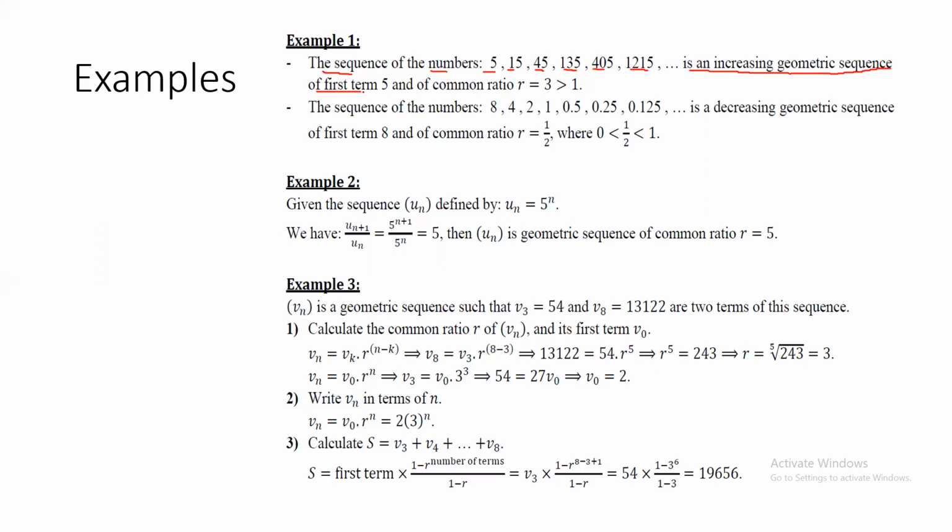What's the common ratio? To get from 5 to 15, we multiply by 3, with common ratio R equal 3, greater than 1. So if R is greater than 1, then the sequence is an increasing geometric sequence.